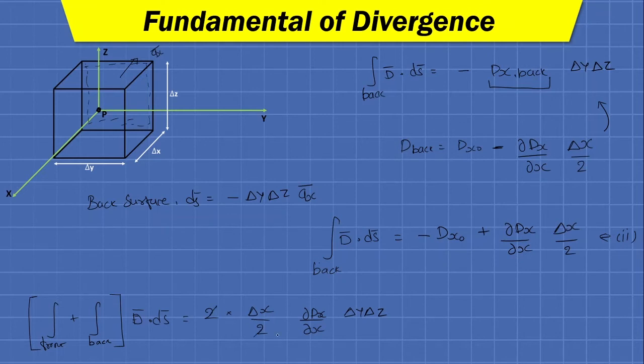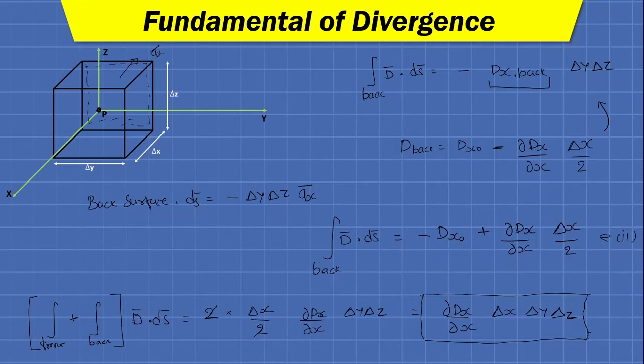Now this will be our equation 2. If we add equations 1 and 2, then the 2 will get cancelled out, and we will have del Dx by del x, delta x, delta y, delta z. This is a very important finding for us, in which we have computed the integration over a very small closed differential element, and we got this result, del Dx by del x, delta x, delta y, delta z.